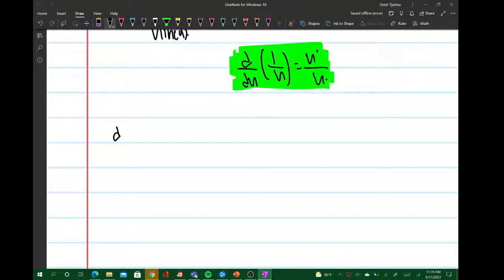So let's say we had the problem f of x equals log base 3 of x, right? We want to find f prime of x.